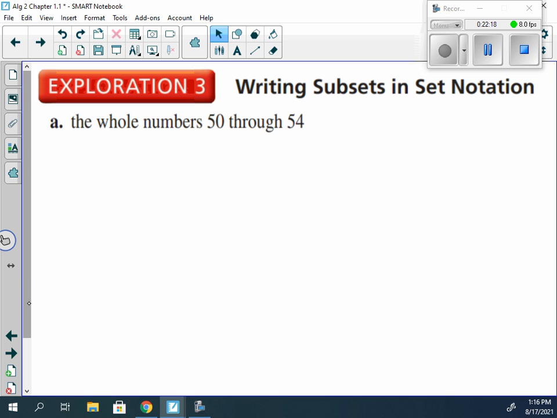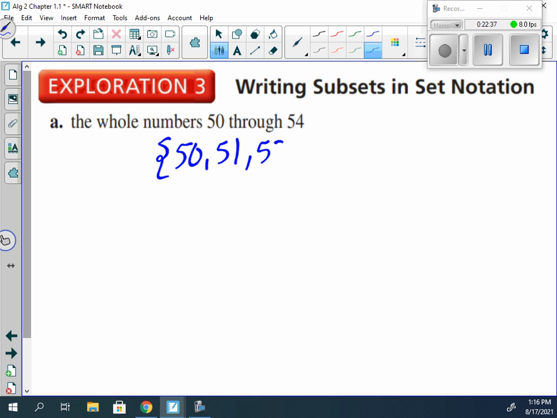So if we wanted all the whole numbers, 50 through 54, well, what are they? So we'd start at 50, 51, 52, 53, 54, right? Well, heck, that's not bad. We can do that, right? You go 50, 51, 52, 53, and 54.